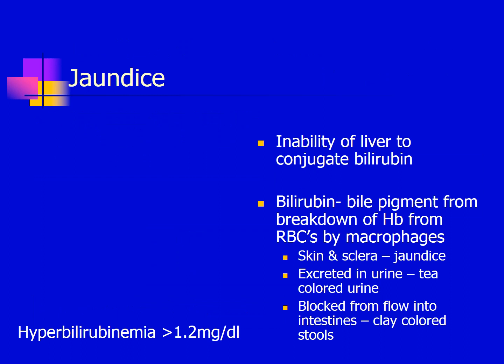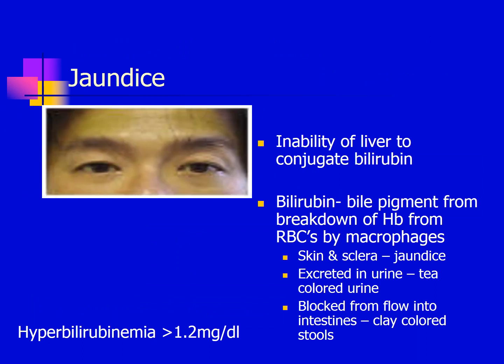So jaundice, what is jaundice? It's yellowing of the skin. For some people with dark skin, it's not easy to see, so you have to look at areas where you can see a change, like the mucous membranes and the sclera.